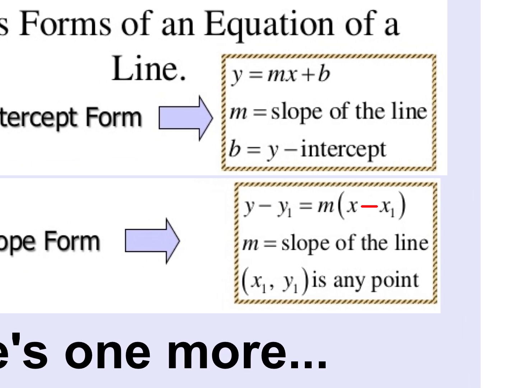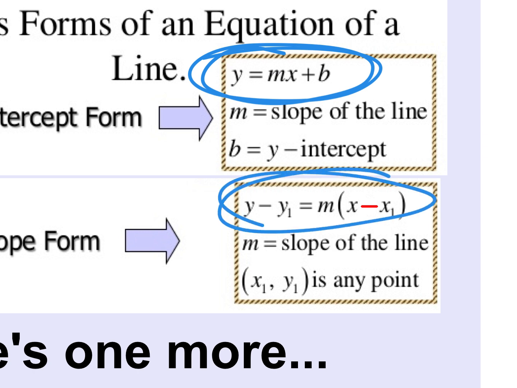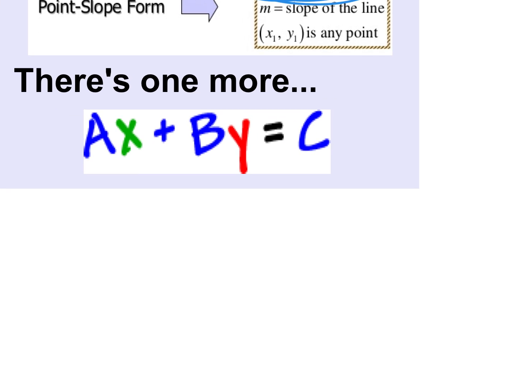This is a reminder that y equals mx plus b is a really important form. It's called slope-intercept. This one's a really important form, and that's called point-slope because you put a point here and here, and the slope is still there. Okay, and there is one more. We haven't talked about it yet, but this is the last kind, and it's called standard form.